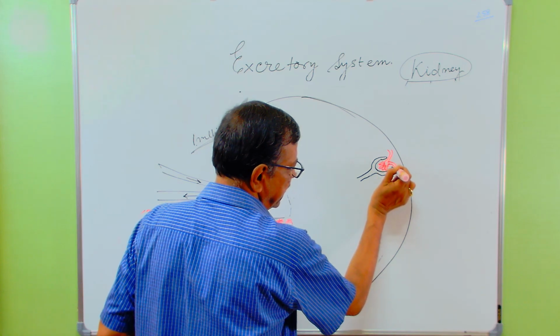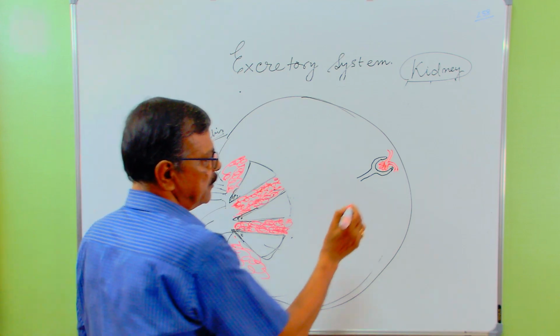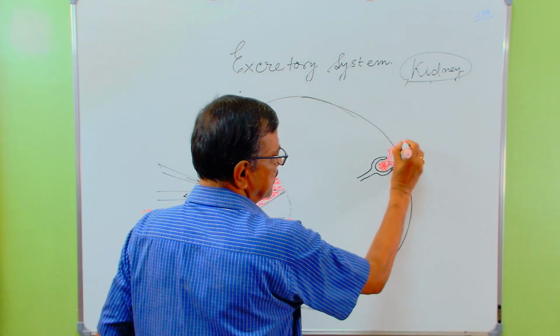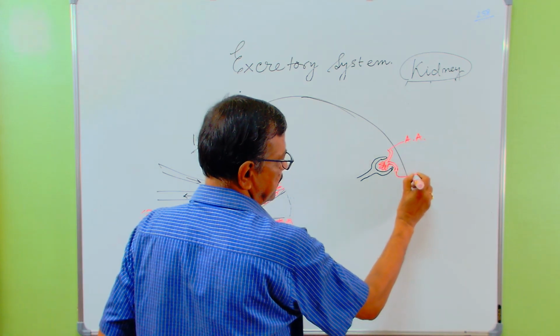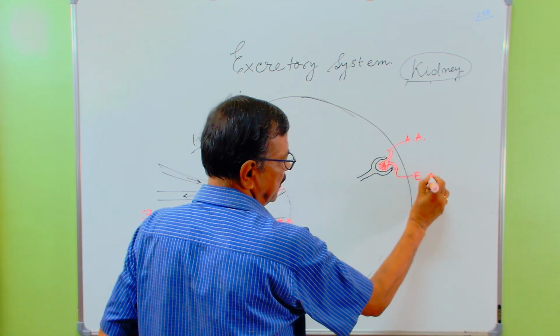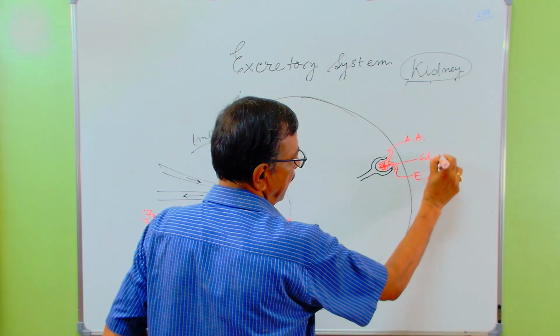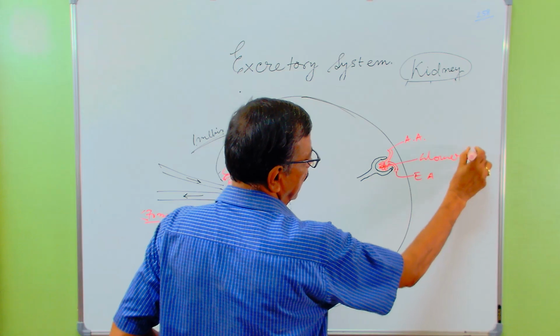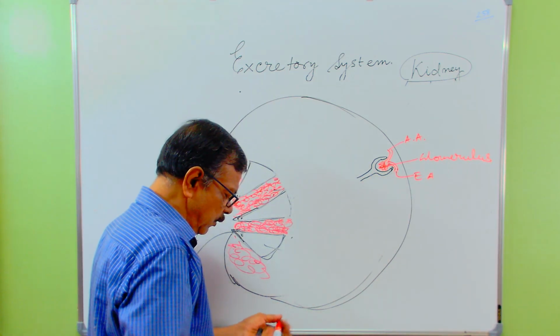This is the afferent arteriole, this is the efferent arteriole. This is known as glomerulus. This is known as Bowman's capsule.